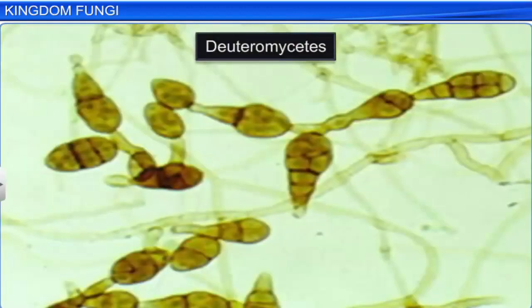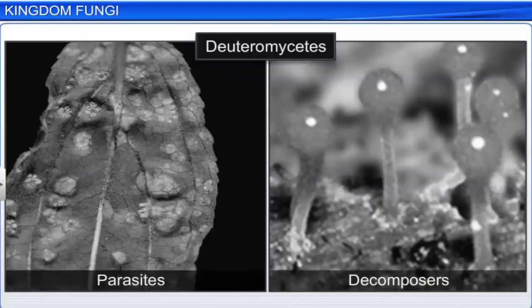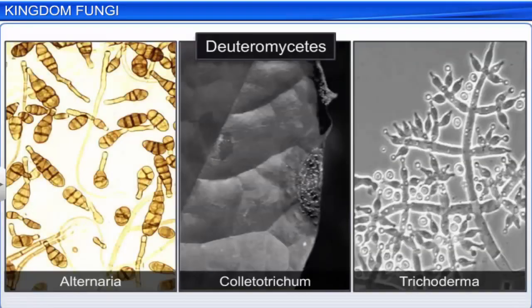They too have a septate and branched mycelium. They are saprophytes or parasites, while a large number of them are decomposers, which help in mineral cycling. Alternaria, Coletotrichum, and Trichoderma are examples of deuteromycetes.